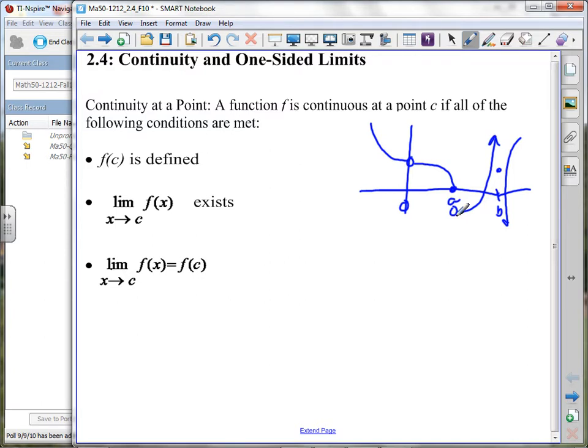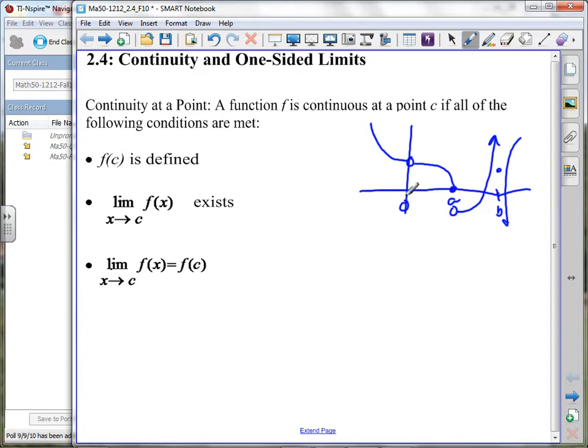Now, we can use that intuitive idea, and it will carry us quite a ways if we see the graph. If we don't see the graph, we've got another issue. So here we have our analytical definition of continuity. Remember I read these as the output, so the output of the function at the input c is defined. If the function is continuous, the output is defined.